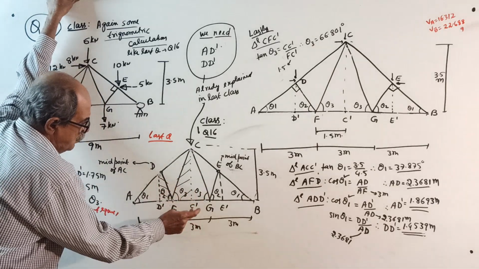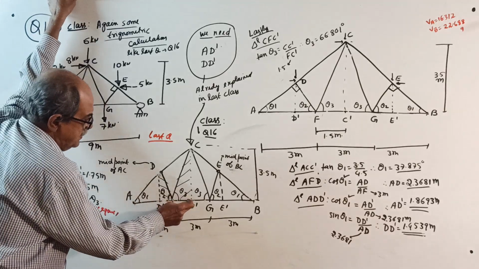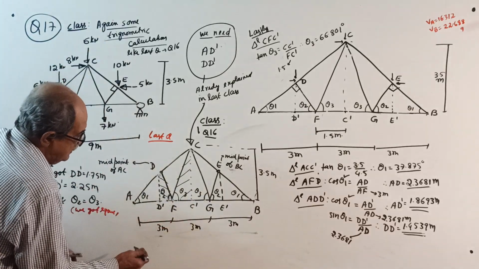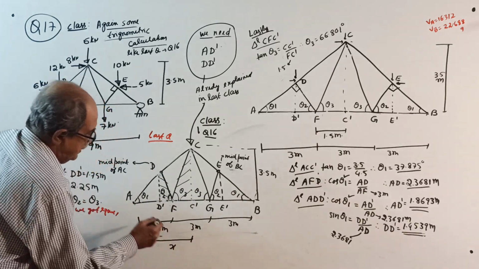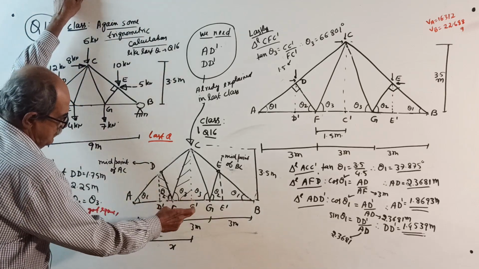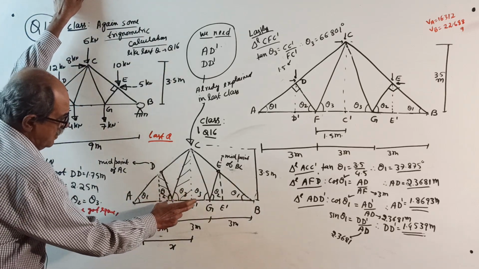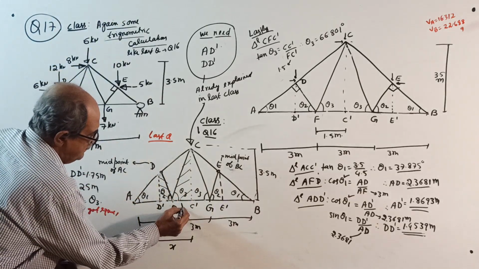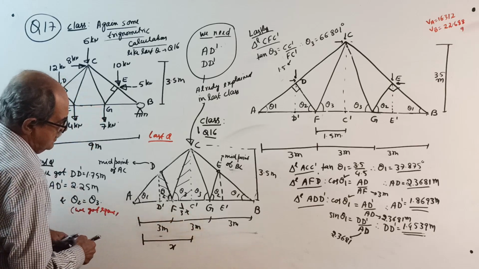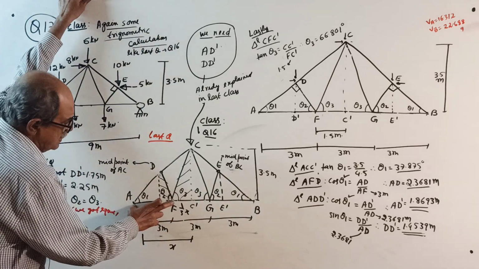Whatever is the length from A to C dash, suppose you take some x. This is 2/3 of x, and this is 1/3 of x.